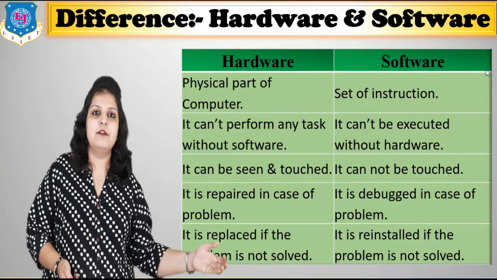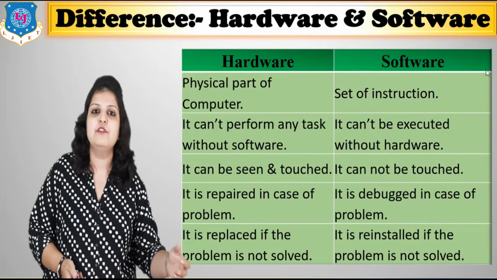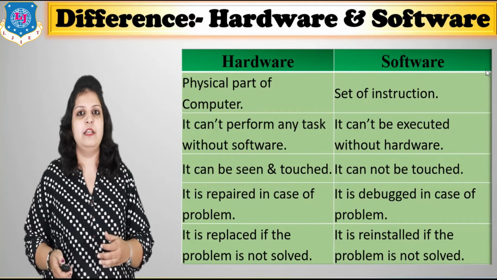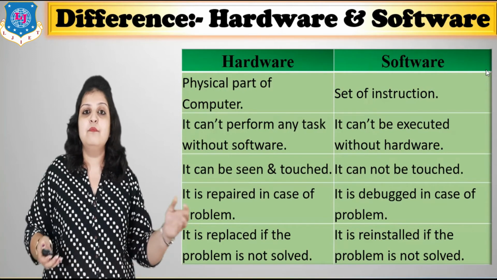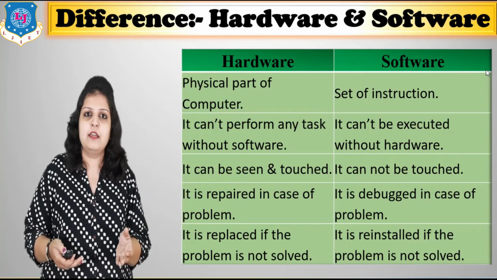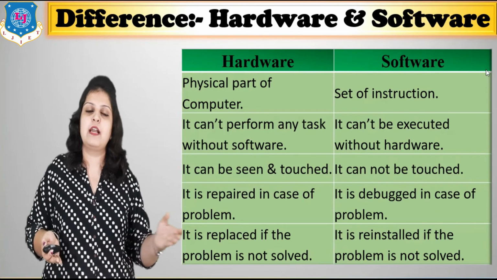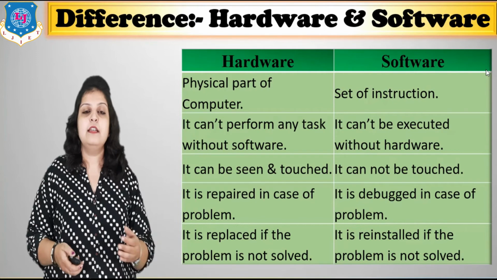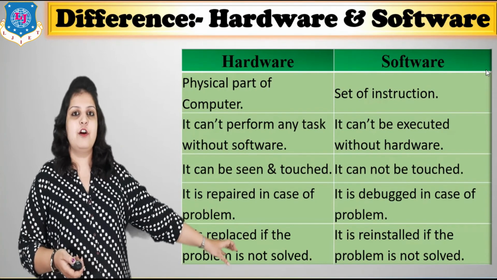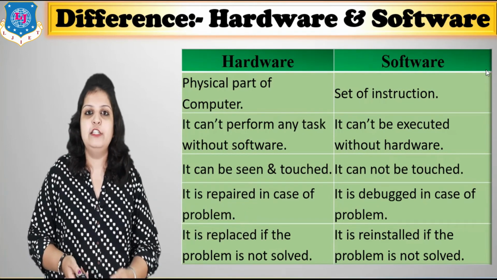The second point is hardware can't perform any task without software. Same way, software can't be executed without hardware. So they both are dependent on each other. Without software, hardware can't do any task, and without hardware, software can't be executed. Then hardware can be touched or felt, means we can touch a CPU or a monitor, but we can't touch or feel the software.